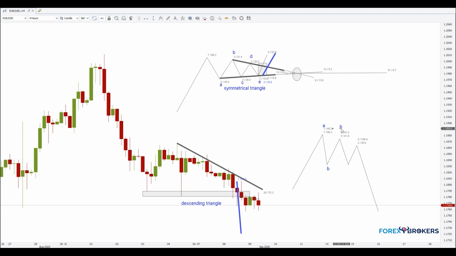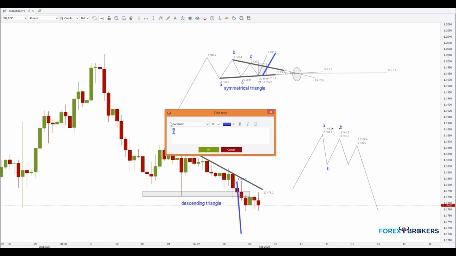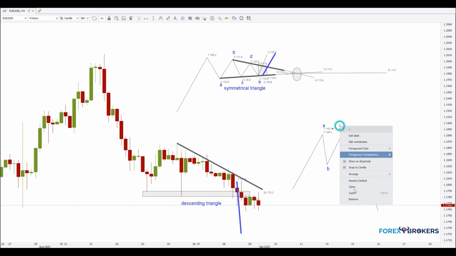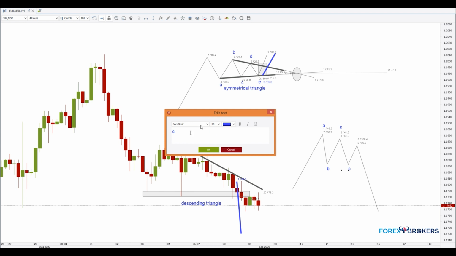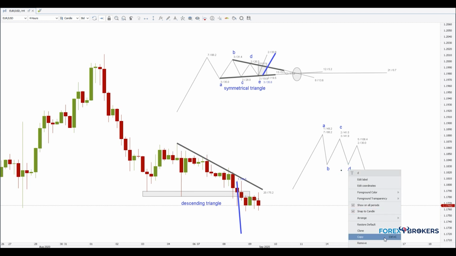This is the C wave, A, B, C. And then this is the D wave. And finally, here is the E wave, that completes the contracting triangle.